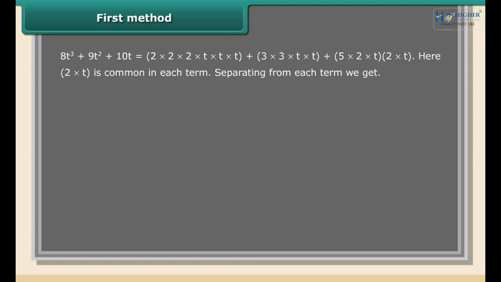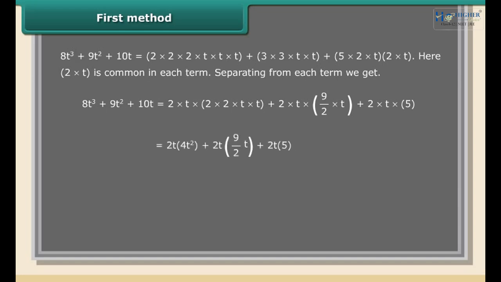Separating from each term we get 8t cubed plus 9t square plus 10t is equal to 2 into t into 2 into 2 into t into t plus 2 into t into 9 upon 2 into t plus 2 into t into 5, which is equal to 2t into 4t square plus 2t into 9 upon 2 into t plus 2t into 5, which is equal to 2t into (4t square plus 9 upon 2 into t plus 5).